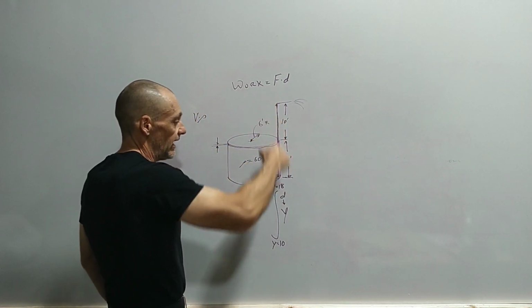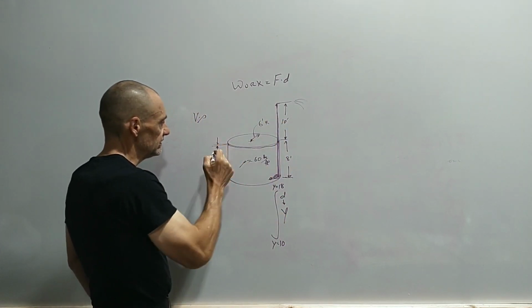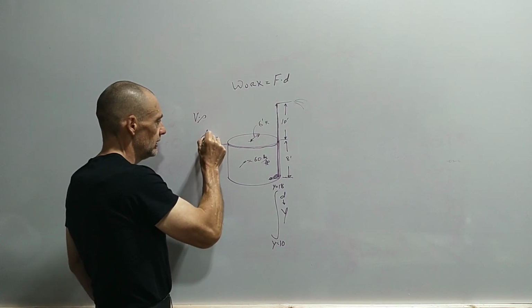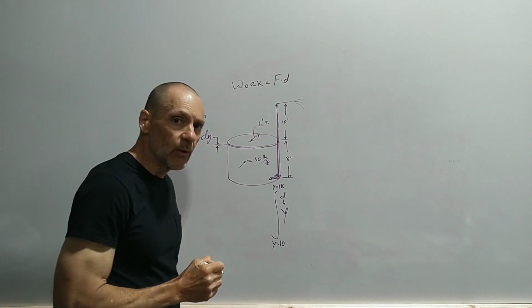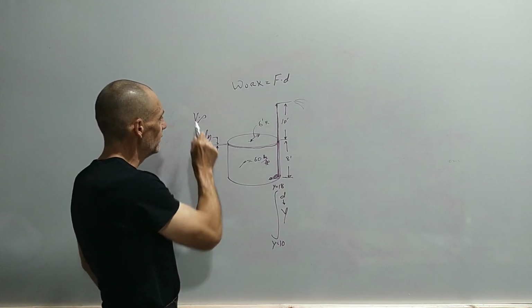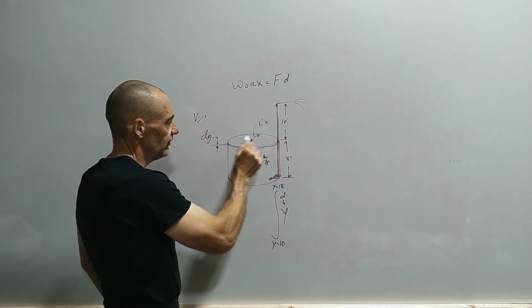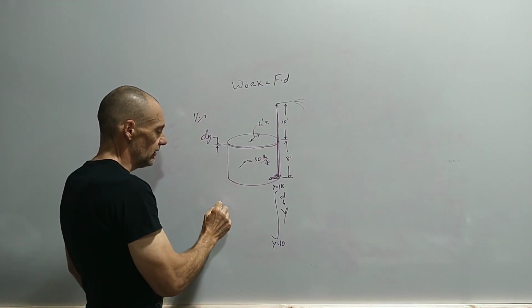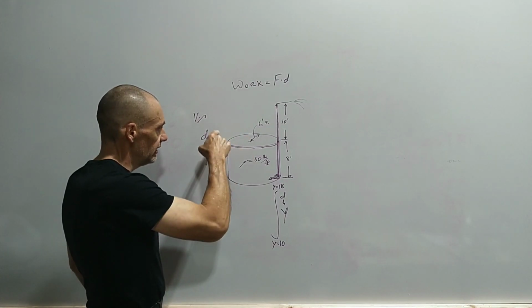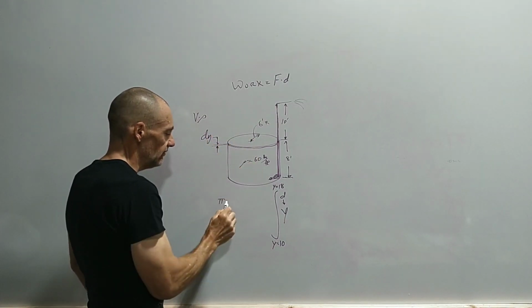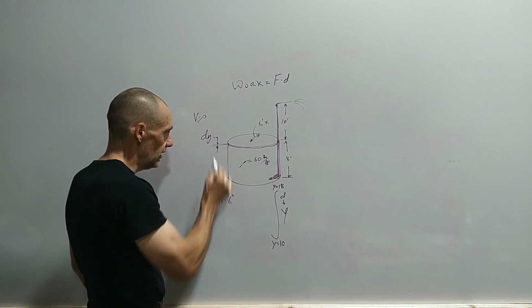And since this is our y-axis, this is going to be the infamous dy, okay? Now we can get a volume, because we know that the volume of this disk is going to be pi r squared h.